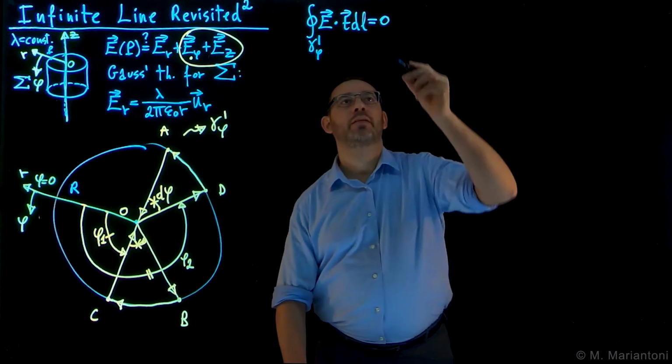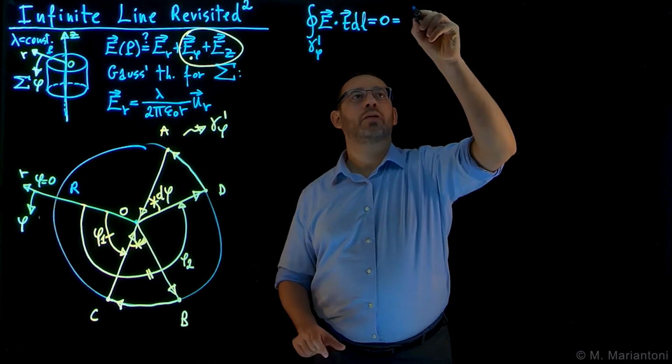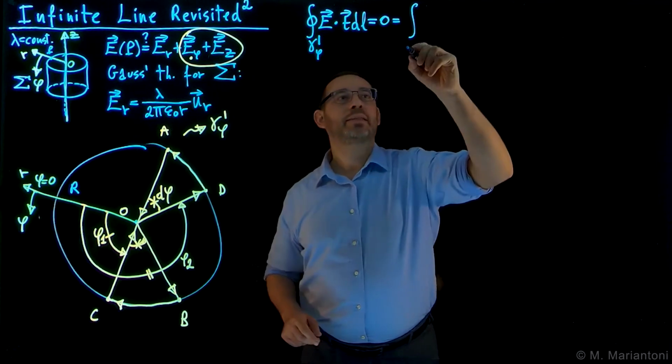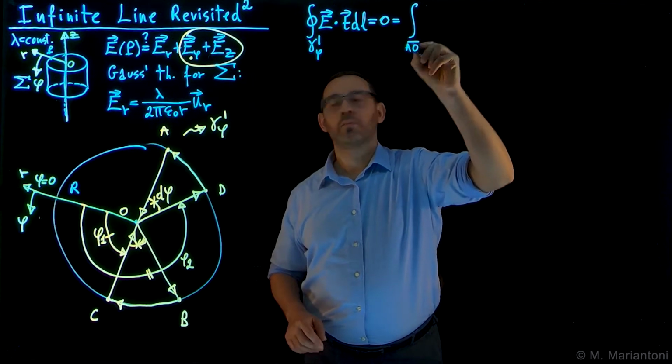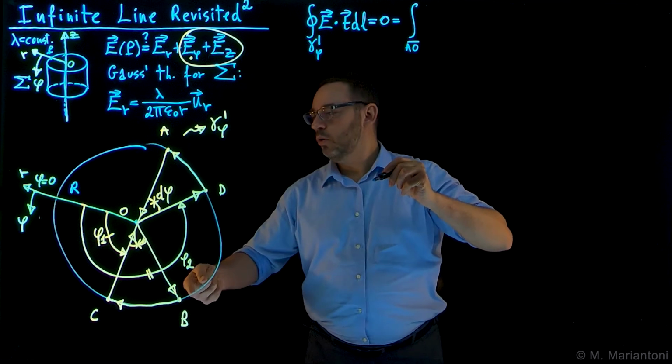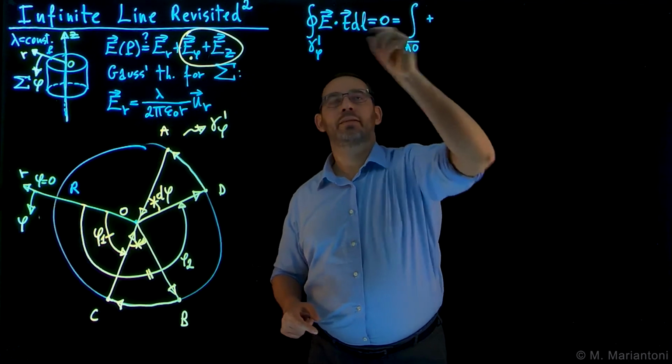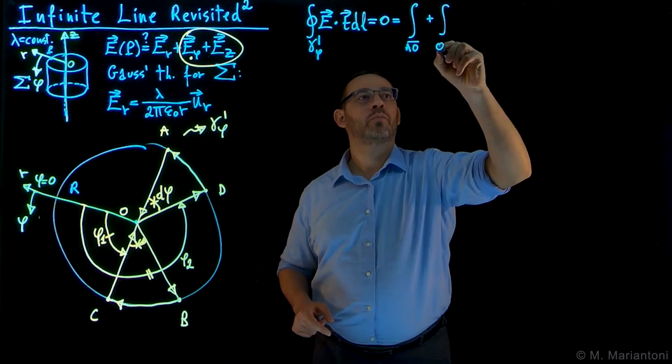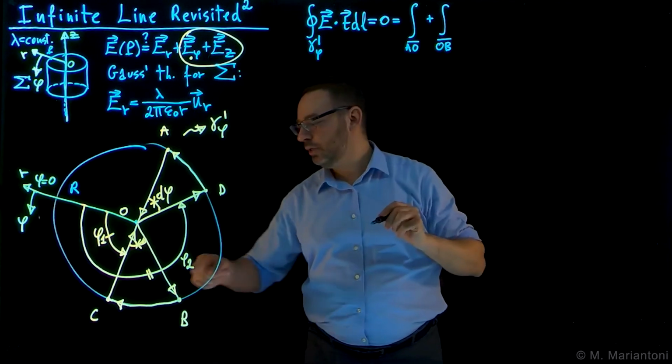So we can rewrite this line integral as the integral along the segment AO, then OB. The integrand is the same, so I'm not going to rewrite it for simplicity of notation.